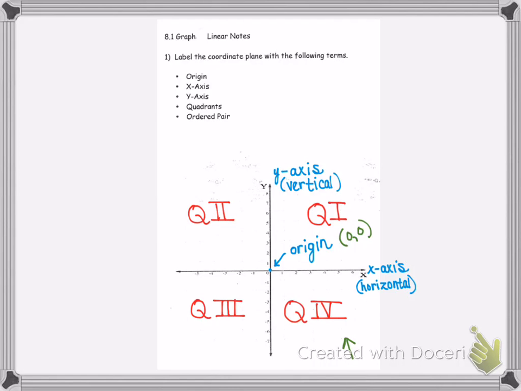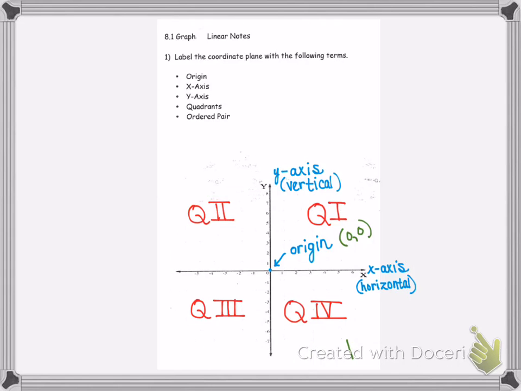To remember these, you can remember that they start in the upper right hand corner and make a C. I just remember that the order goes 1, 2, 3, 4, and I just remember C stands for coordinate plane. It's kind of a dorky way to remember that.